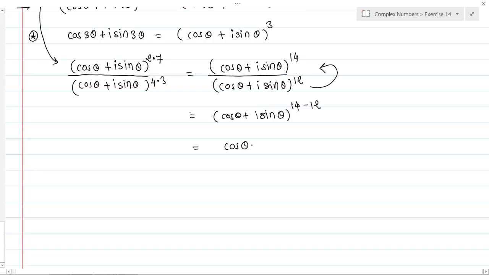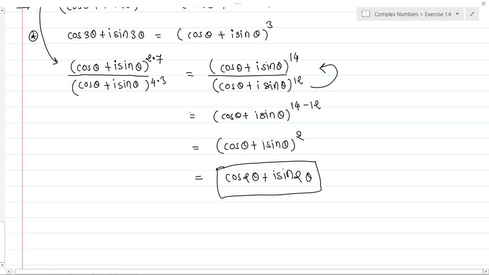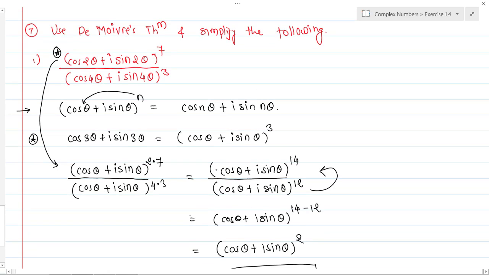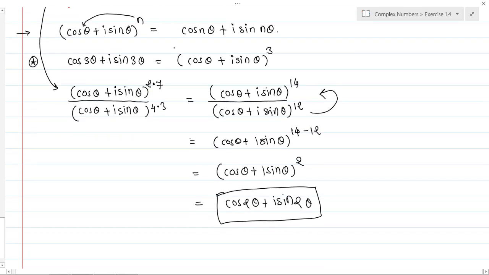Cos theta plus I sin theta to the power 14 minus 12, I get 2. So this is equals to, again using the De Moivre's theorem, what you can do? Cos 2 theta plus I sin 2 theta. So this is the simplified version of the given question. The given question is equals to cos 2 theta plus I sin 2 theta. This is what the answer is.